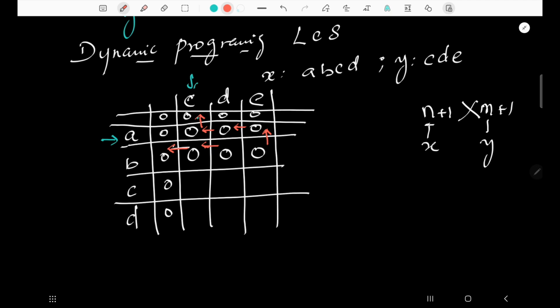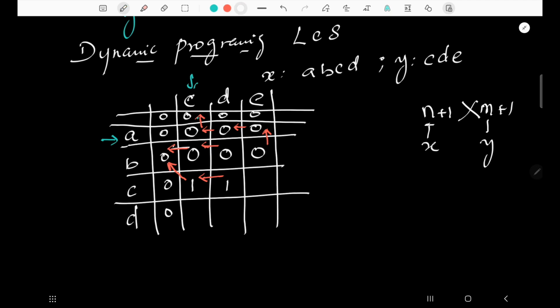Then we have C and C, both are the same. If both are the same, diagonal plus 1. The diagonal is 0, so plus 1. I took it from this diagonal element, the left top corner diagonal. And C and D are not the same, so what is the maximum? 1 and 0, so 1 is the maximum, so I took this one and make the arrow like this.